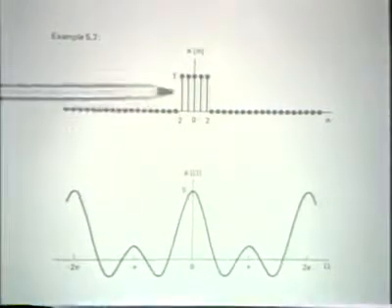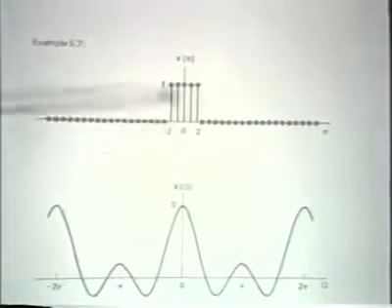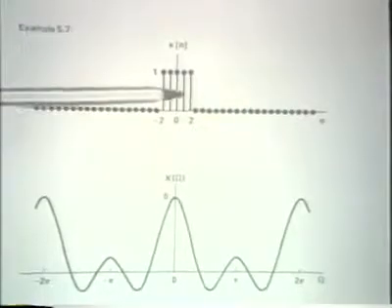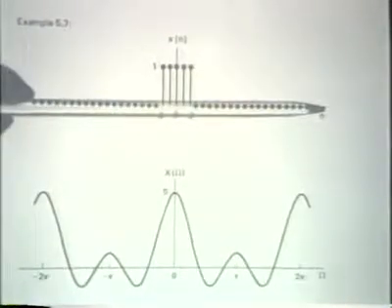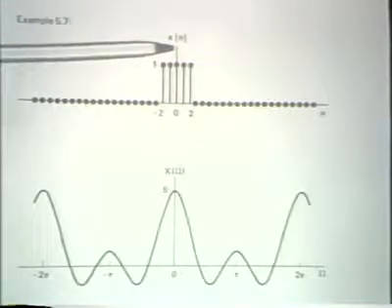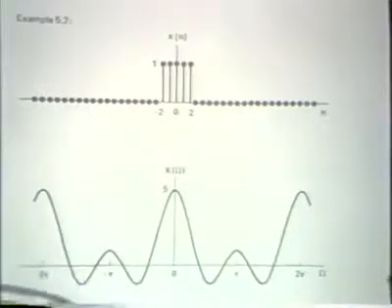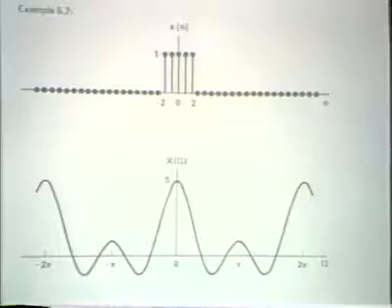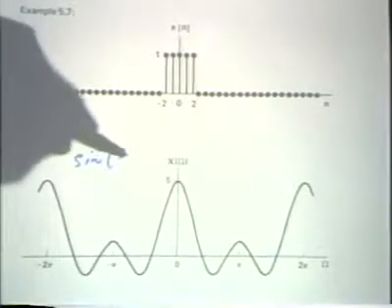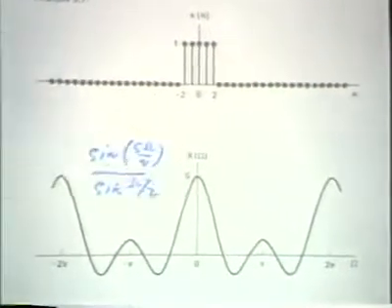Now, the rectangle, if we refer back to our argument of how we get a Fourier representation for an aperiodic signal, we would form a periodic signal where this is repeated, and that's our square wave example. As the period goes to infinity, the Fourier transform of this is represented by the envelope of those Fourier series coefficients, and that was our sine Nx over sine x function, which in this particular case, for these particular numbers, is sine 5 omega over 2 divided by sine omega over 2.